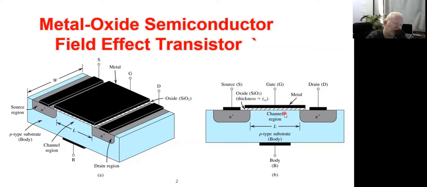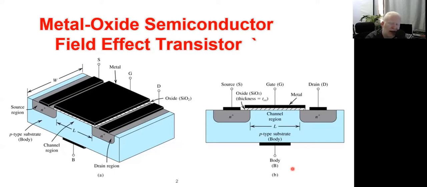Above this channel region, we have a dielectric, an insulating oxide material, this white layer, and then you have what's called the gate contact. So we have the source, the gate, the drain, and the body. These are our 4 terminals.